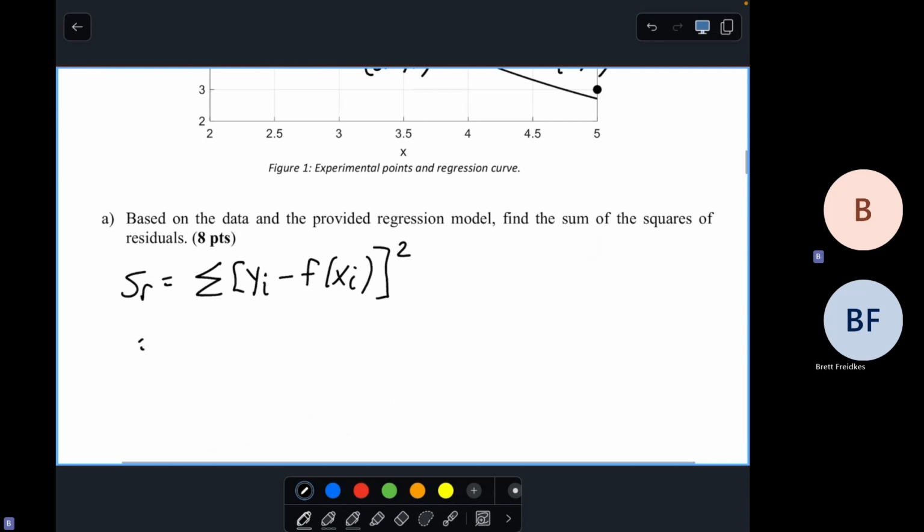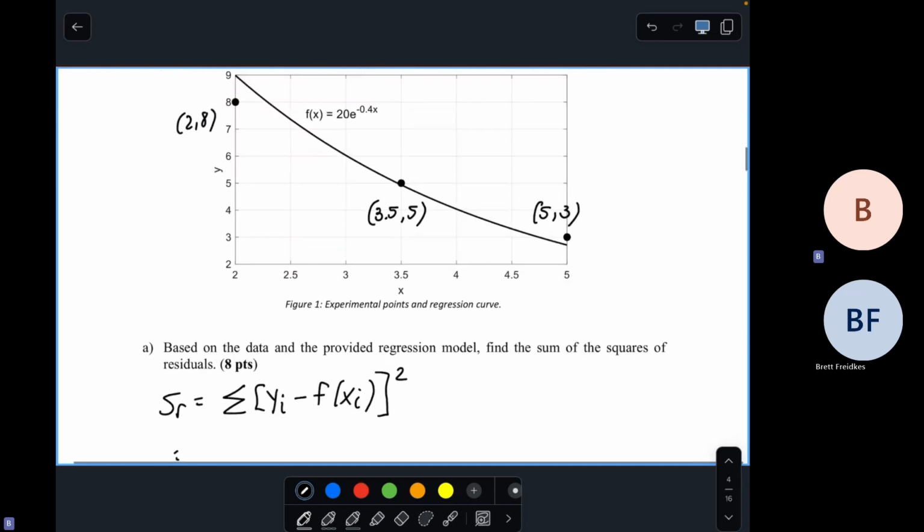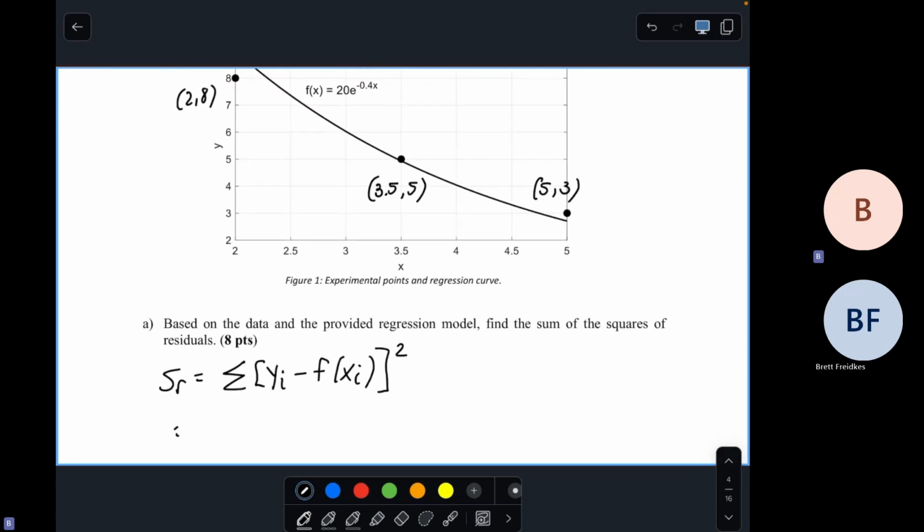So, what is y1? 8 minus f of xi, xi plugged into the function. What is xi? 2. So it's going to be 20e to the negative 0.4 times 2, that whole thing squared. You see that?